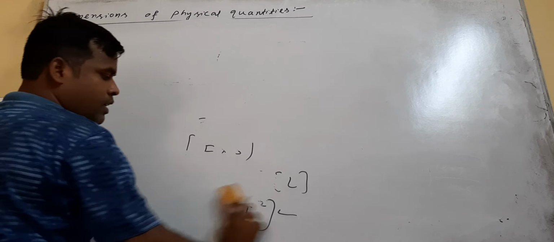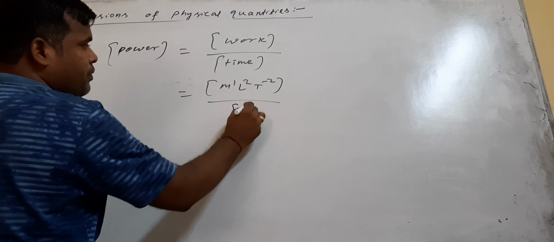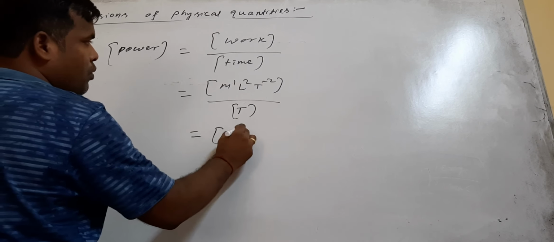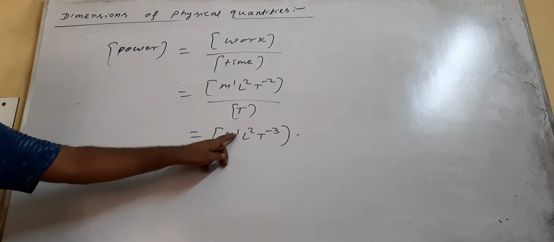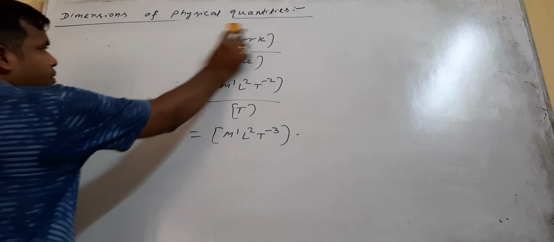Similarly, you can find the power dimension, that is work dimension divided by time dimension. Work M1 L2 T minus 2 divided by time gives M1 L2 T minus 3. The dimensions are 1, 2, minus 3 in terms of mass, length and time respectively.